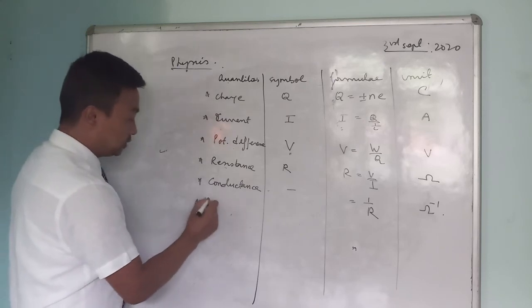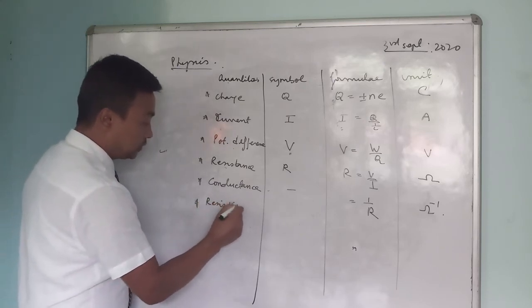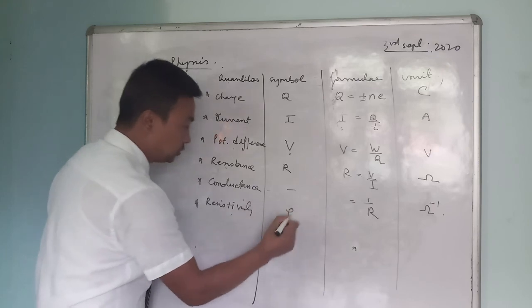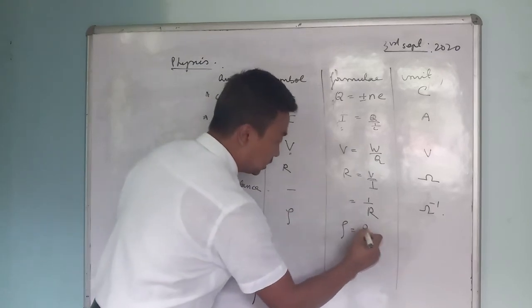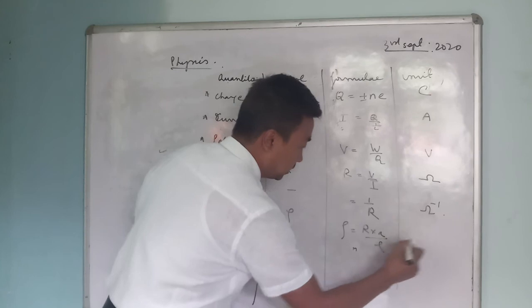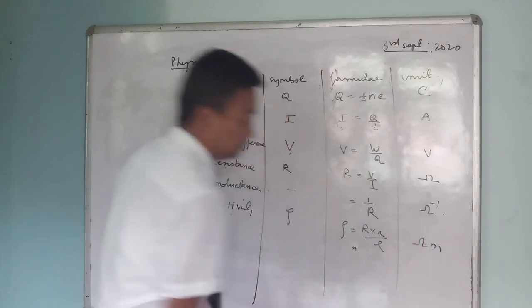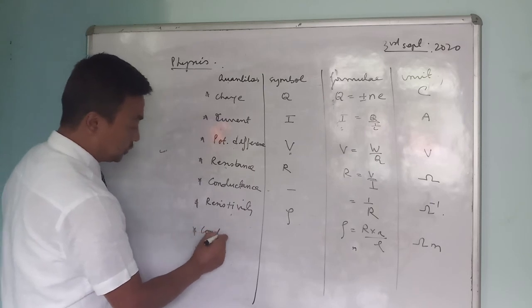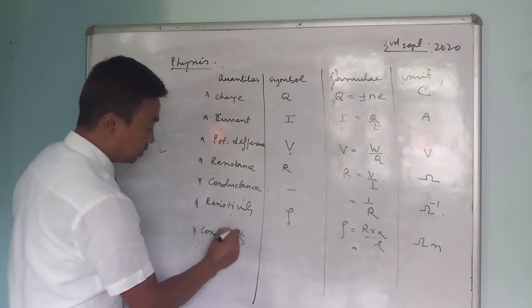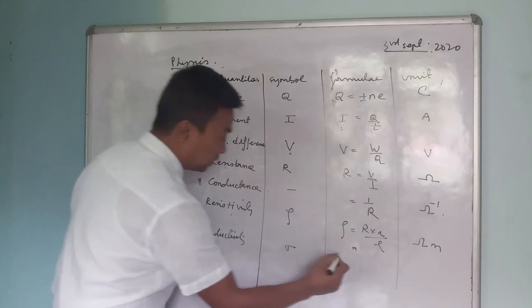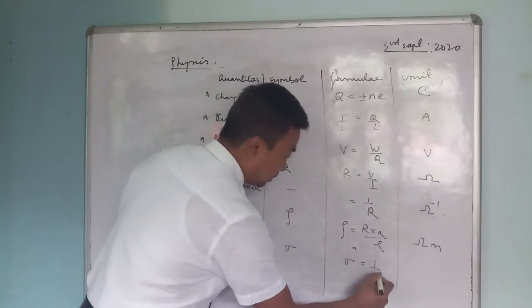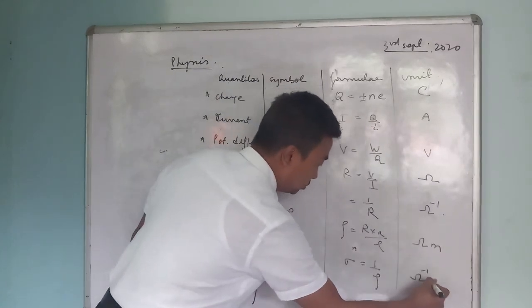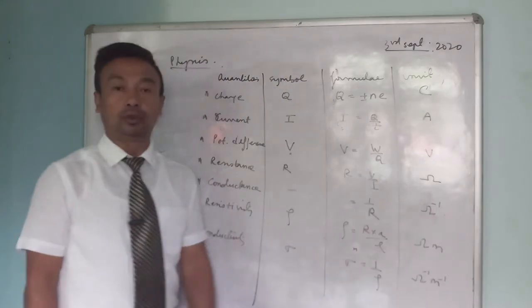Then you have learned today resistivity. Symbol is rho. The formula is R into A by L. The unit is ohm meter. Then you have also learned today the conductivity. The symbol is sigma, 1 by rho. The unit is ohm to the power minus 1, meter to the power minus 1.